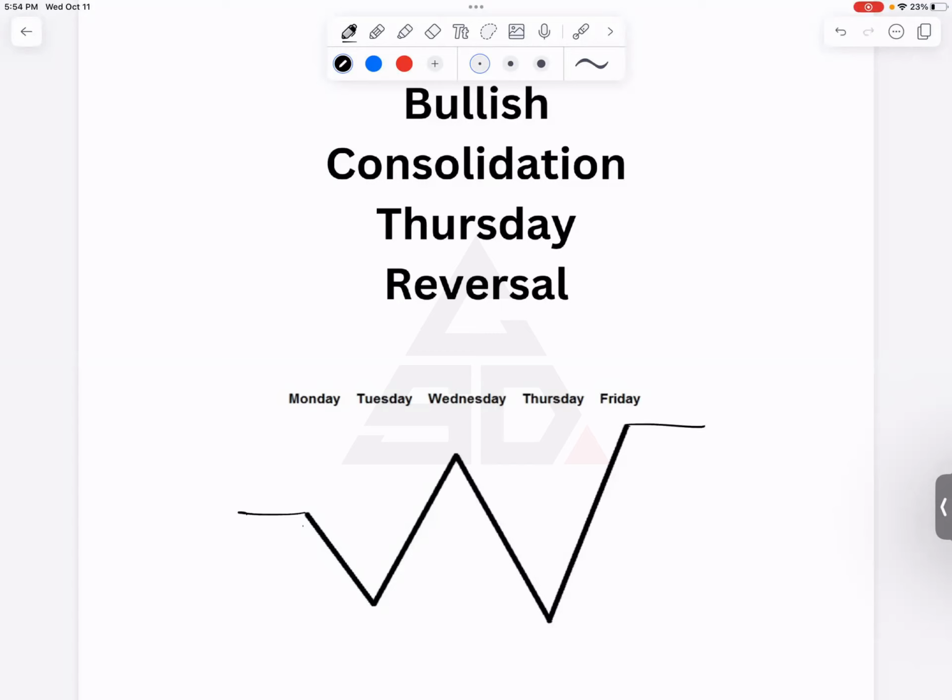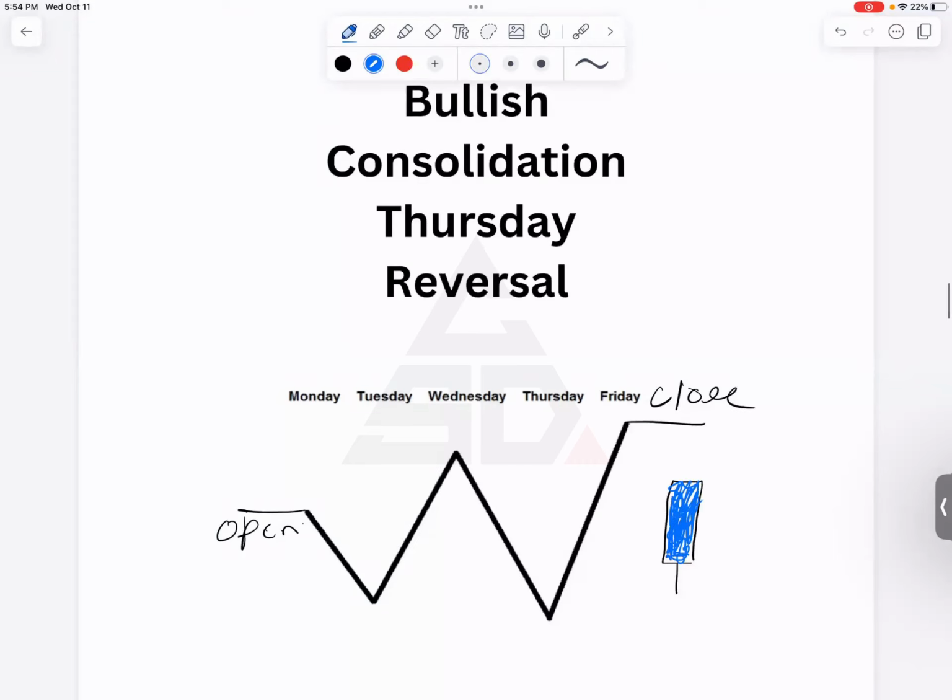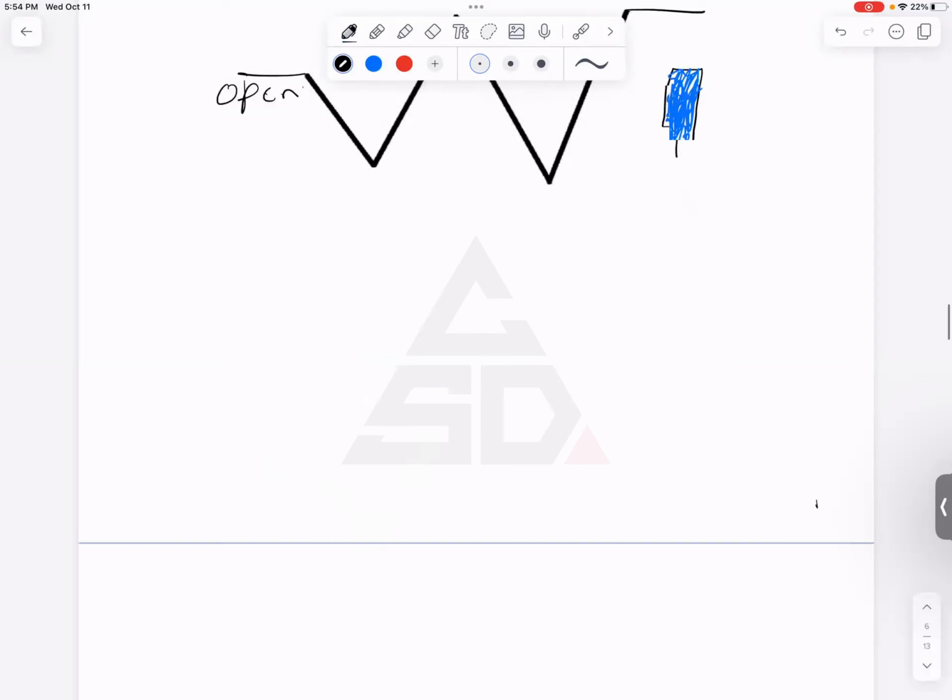Open, close. There you go. Let's move on, no time wasted.